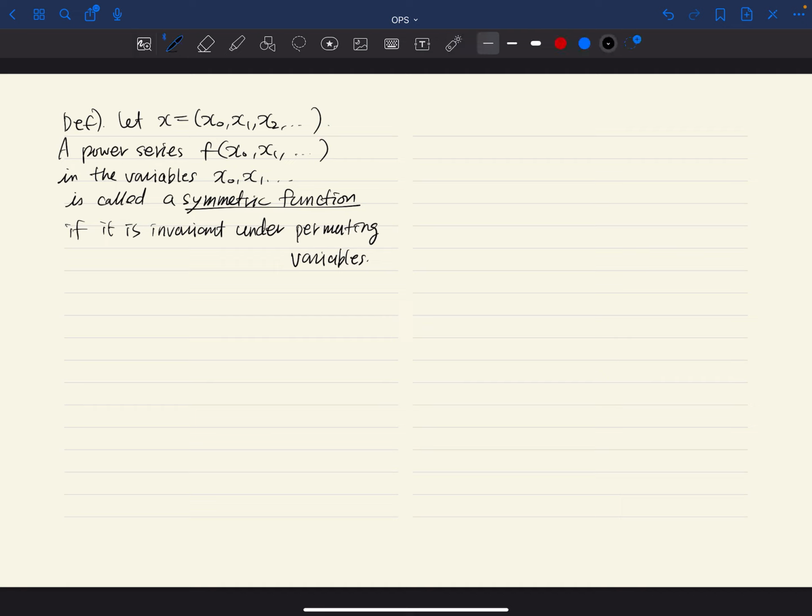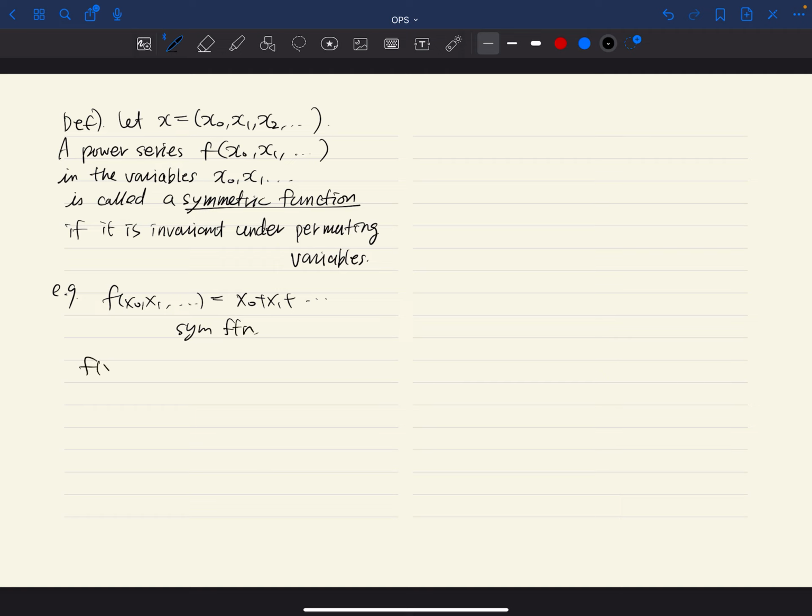So for example, f of x0, x1, and so on, probably the simplest one would be the sum of all of them. No matter how you permute the variables, the sum is still the same, so it's a symmetric function.